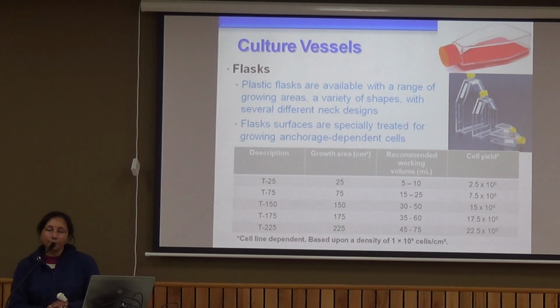These flasks are mainly for growing anchorage dependent cells. Suspension cells are not grown in these flasks. The description, as you can see, is given here. We have different types of flasks, their growth area, the volume in which they can work, and what kind of yield they give. Depending on our requirement, whether we want to work with a small, medium or large volume, we can choose the respective flask.